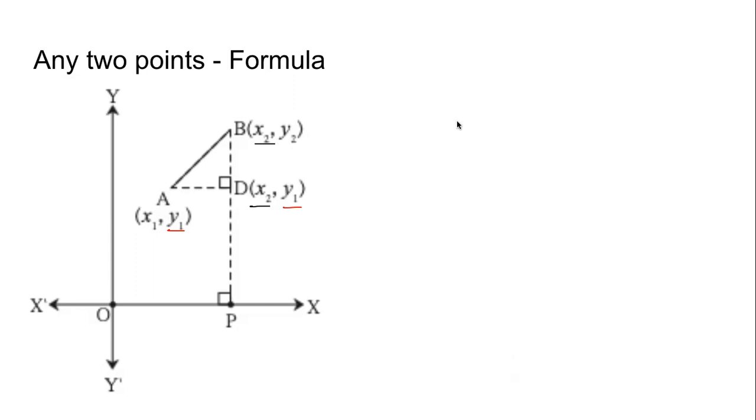What we are going to do now is, instead of putting in the numbers, we will try to find out the formula. We have already known that if these are the 2 points, the distance between them is given by y2 minus y1. We know this. If A and D are the 2 points, then the distance between them is given by x2 minus x1. We know this.